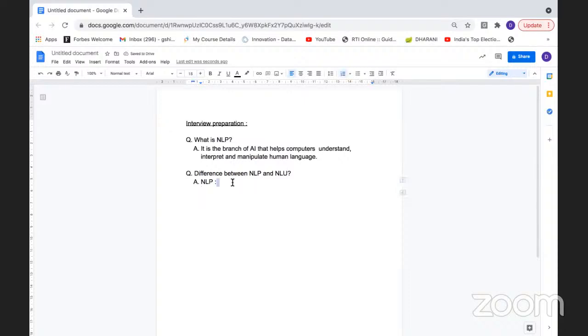NLP is used to create systems capable of establishing communication between humans and machines or computers.